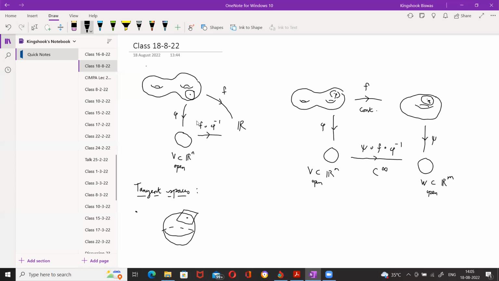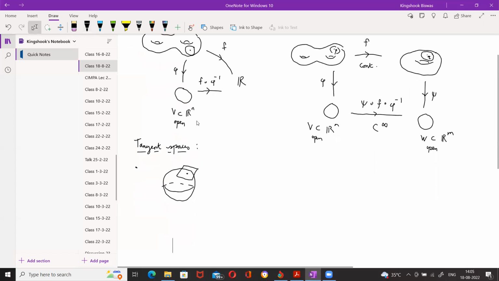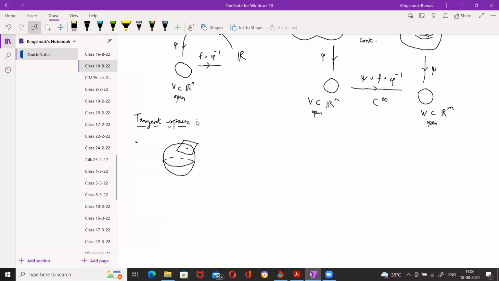In this case, it would be the tangent plane to the sphere at a point. And so the tangent space is identified with a vector subspace of the ambient space. The problem is to define it intrinsically.